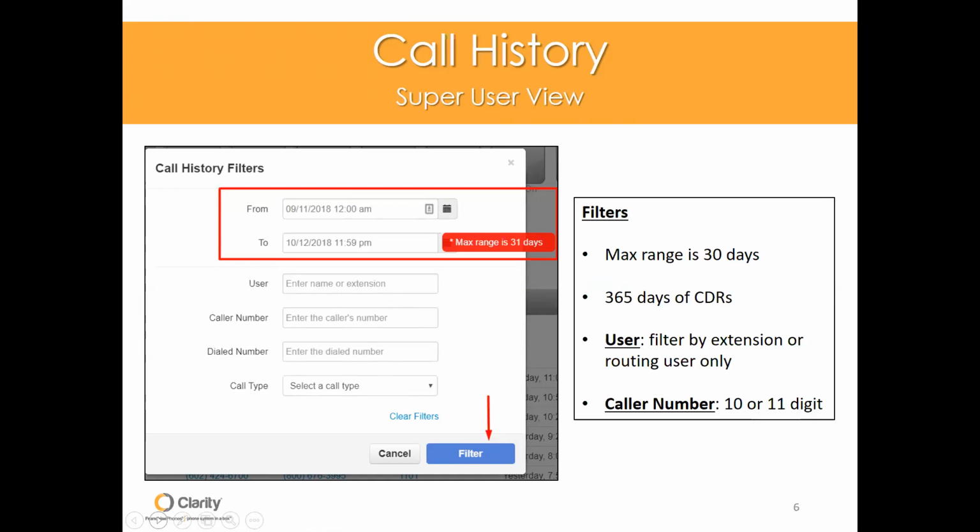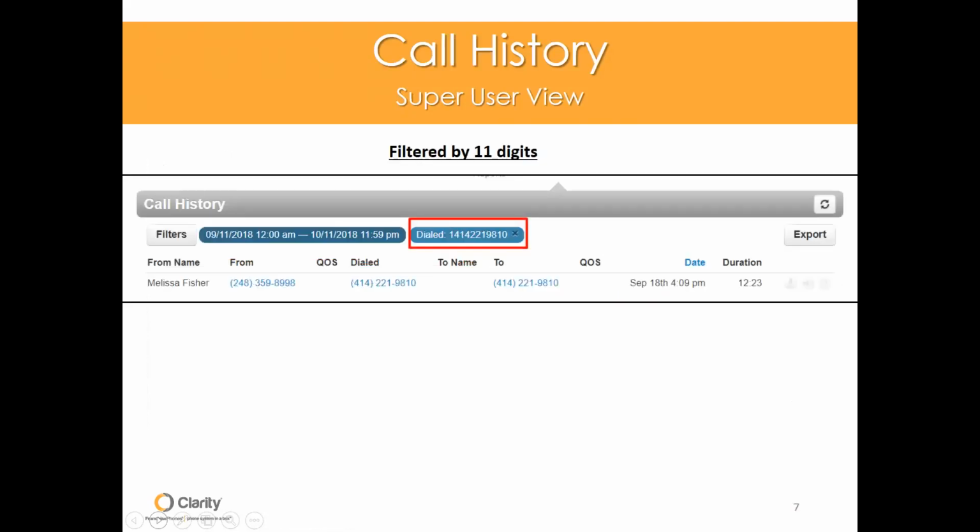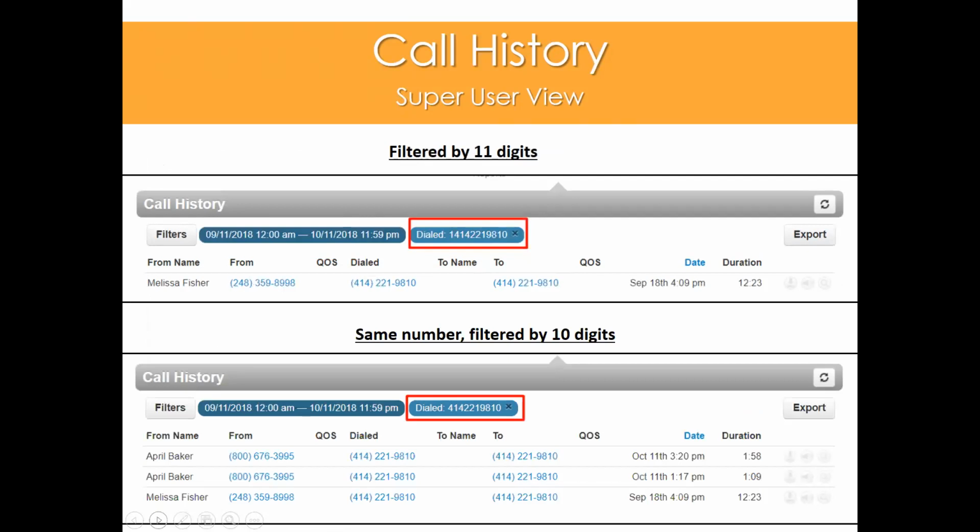All right, so you can filter by caller number, either 10 or 11 digits, and it will produce all of the results. Now, if you filter by 11 digits, like here, I clicked on the filter and typed in 1 and then the full 11-digit number, it literally will only look for people that dialed 1.